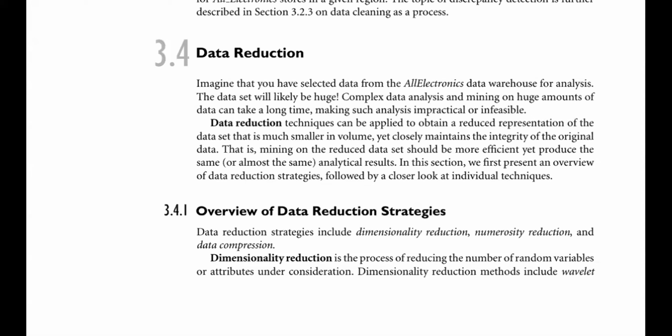What are the non-parametric methods? Generally, numerosity reduction is divided into two types: parametric and non-parametric methods. Parametric methods are regression and nonlinear models. What are the non-parametric methods? They store reduced representations of the data, including histograms, clustering, and sampling. All of these come under numerosity reduction.